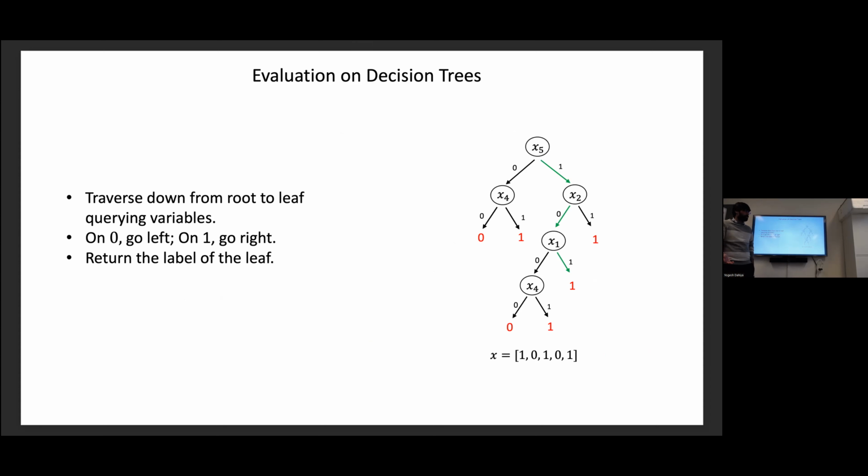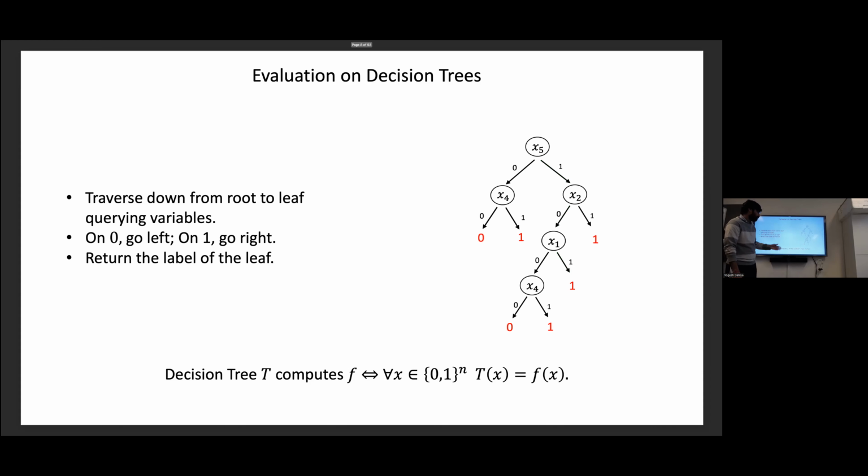If it comes out to be 1, you go right. You do this until you reach a leaf node, and ultimately you output the label of the leaf node. So naturally, a decision tree corresponds to a Boolean function, and we say that a decision tree computes our function if on every input x, the evaluation of the decision tree is the same as the evaluation of our function. So this is what a decision tree is.